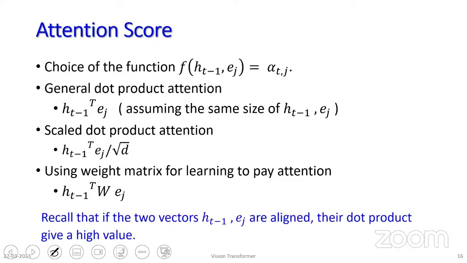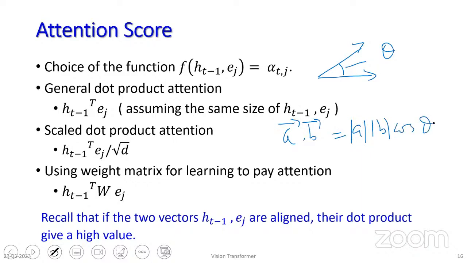So recall that if two vectors are aligned, their dot product gives a high value. If you have two vectors, this is one vector, this is another vector, this is the angle theta, you know that the dot product of these two vectors is basically |A||B| cos theta. Let's consider theta between 0 and 90 degrees.